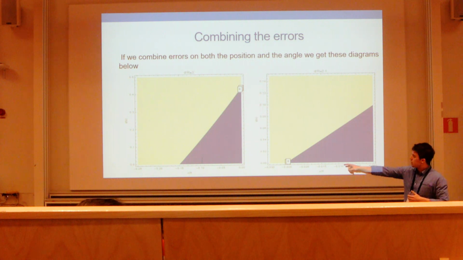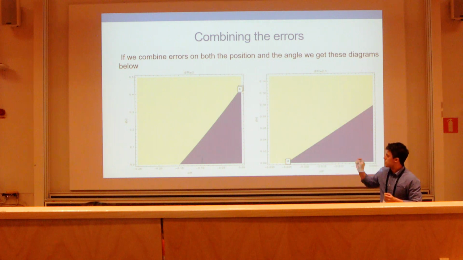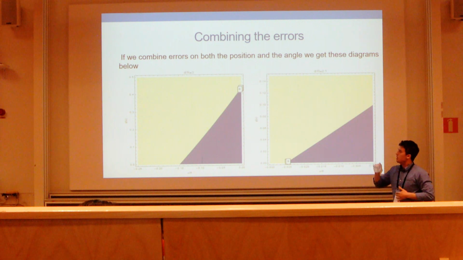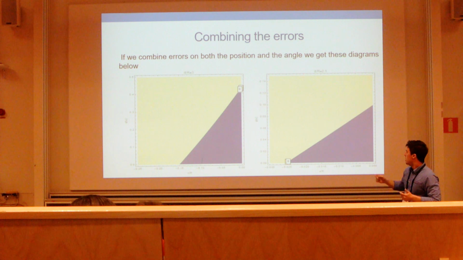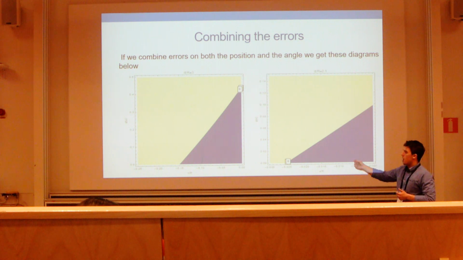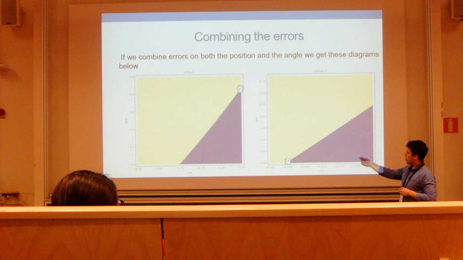As you can see on the left one, you can see how small the error must be for the lattice to be stable. And on the right one, we only need 1 over 40 times the R of the magnet.